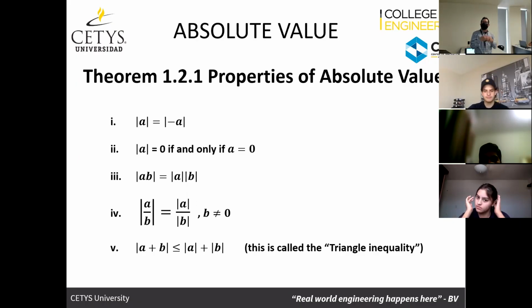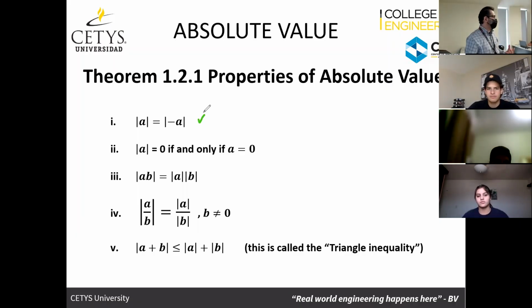So, what are the properties of the absolute value? Well, property number one is the one that I already mentioned. The absolute value of A is equal to the absolute value of minus A. So, and we just mentioned that.